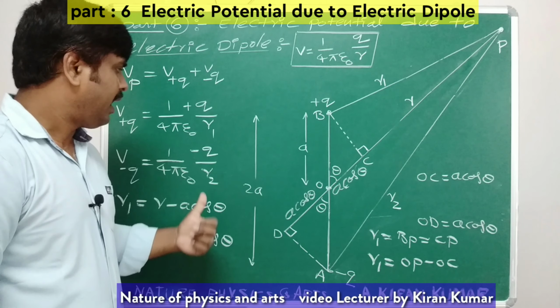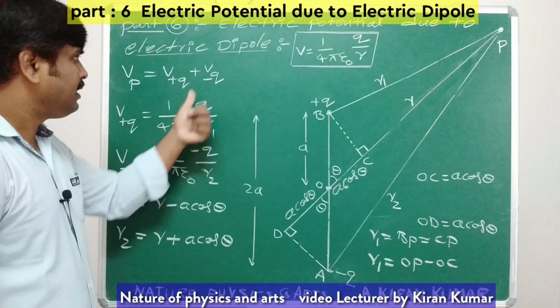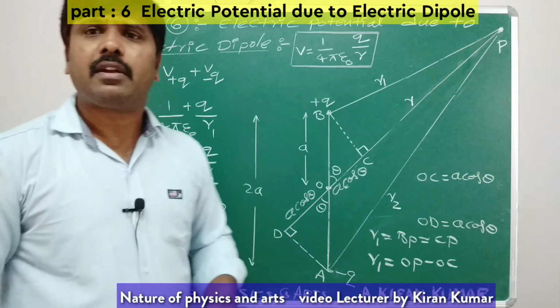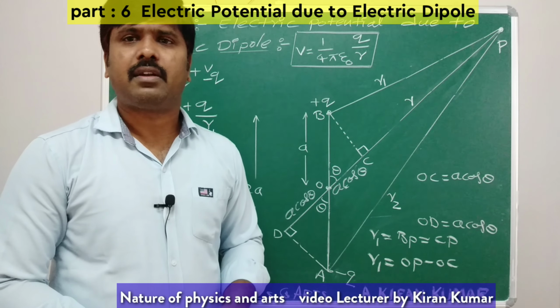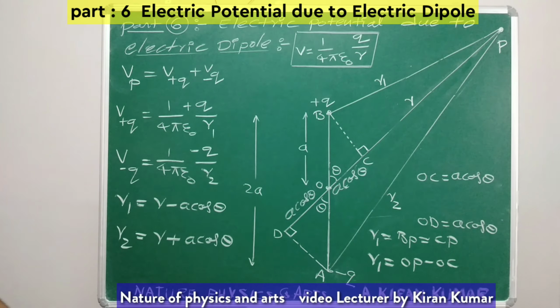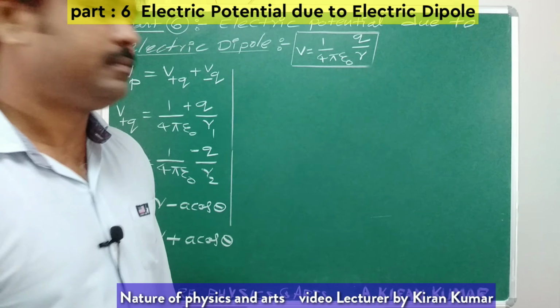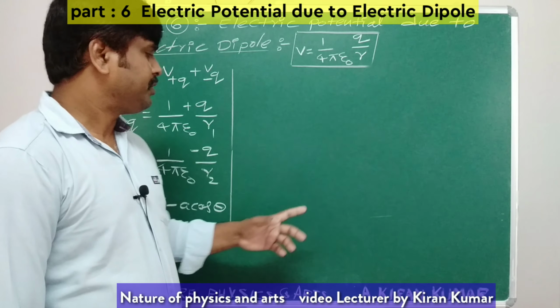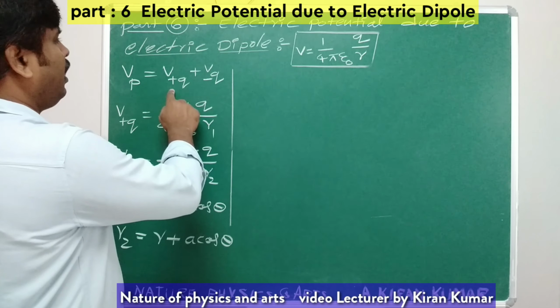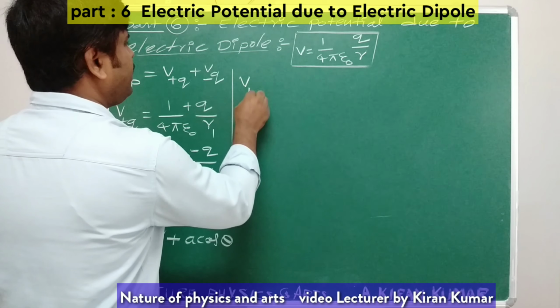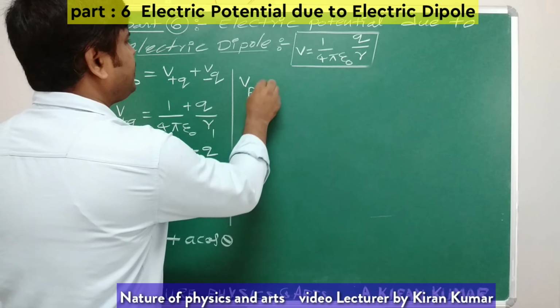Just a second, I will clean the board and replace the values in the above equation. We will get the electric potential of the electric dipole. Now, continuing, we replace the values in the electric potential. So Vp equals 1 divided by 4 pi epsilon naught, which is common from both terms, times plus q by R1 and minus q divided by R2.